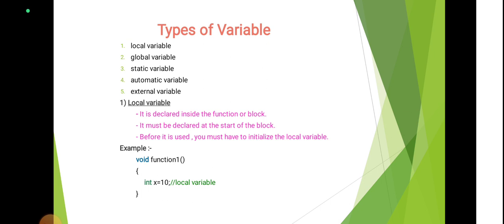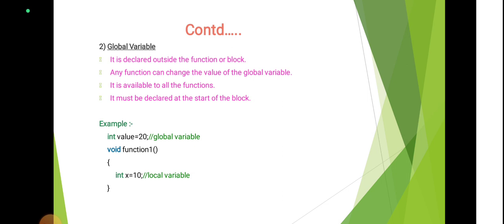Then the next type of variable is global, which is declared outside the function or block. When you declare a variable outside the function or block, that variable is called a global variable. Any function can change the value of the global variable.